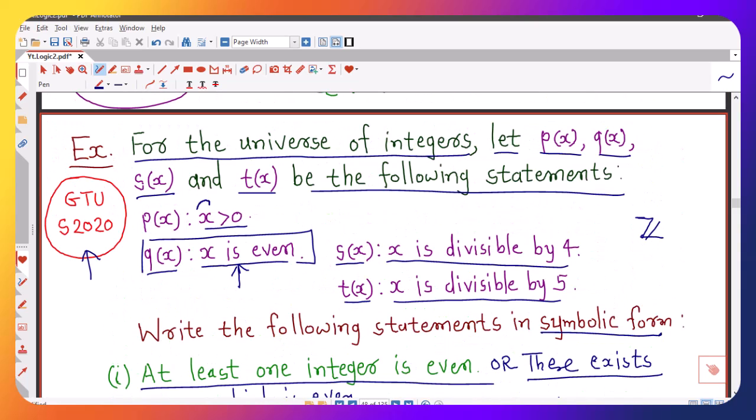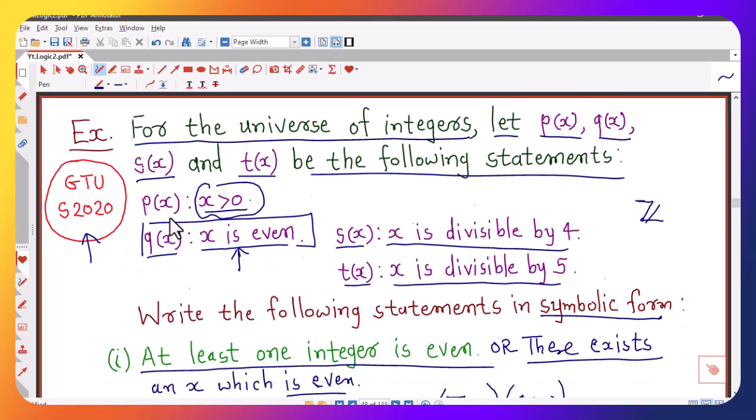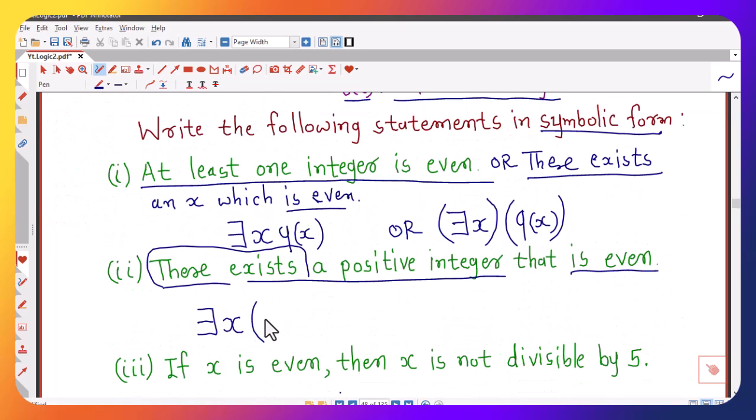Positive means we write p(x), and x is even also, so here we have to use the AND operator, and x is even is denoted by q(x). p(x) and q(x) means x is positive as well as even.